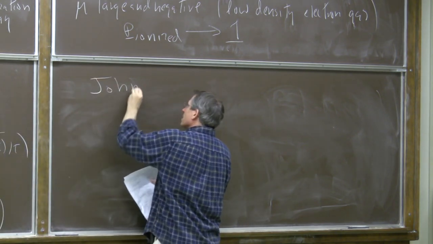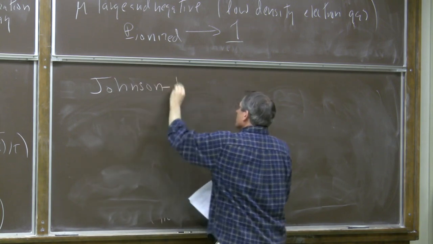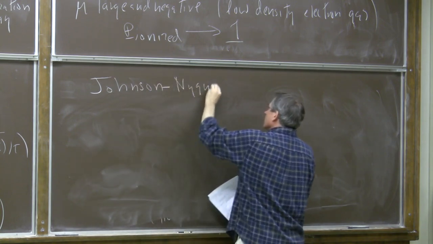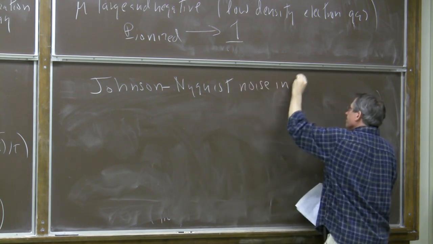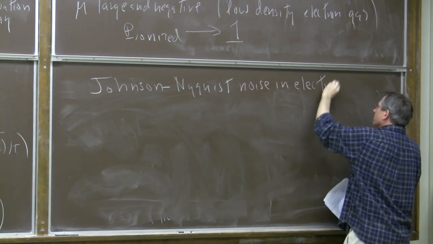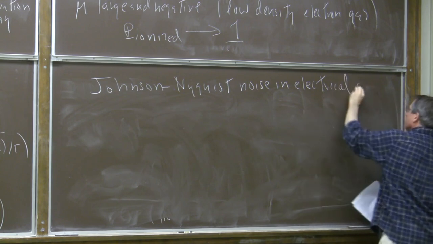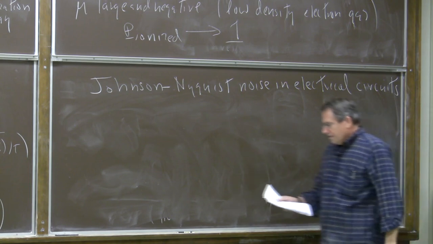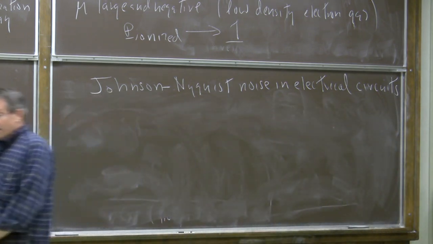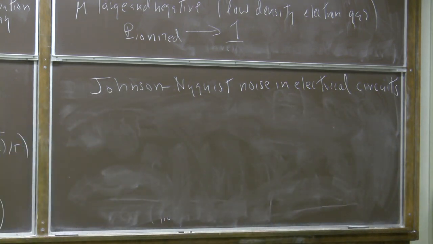Sometimes called Johnson-Nyquist noise. The phenomenon we'd like to understand is this: at a non-zero temperature in an electrical circuit, let's say you measure the voltage drop across a resistor.